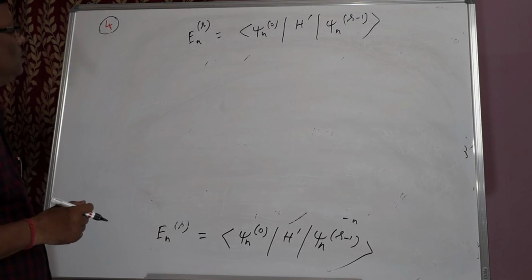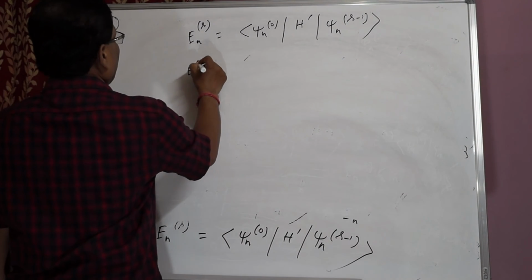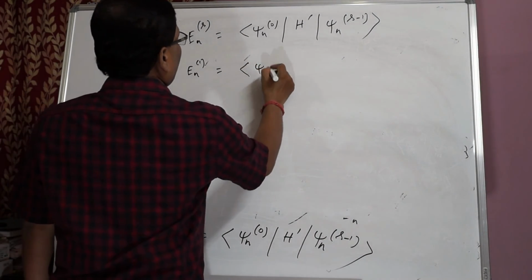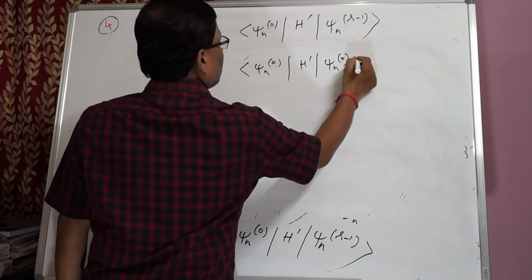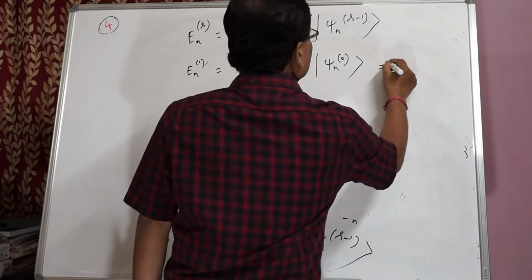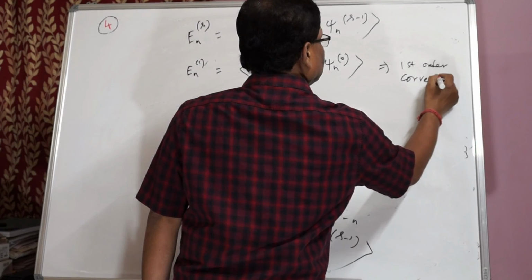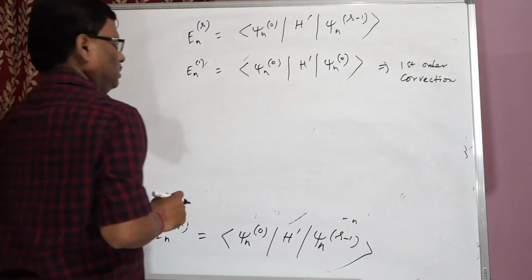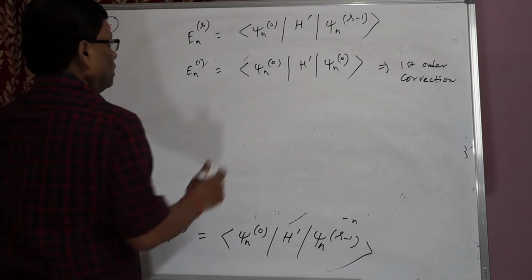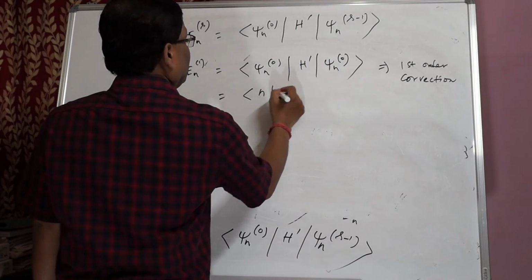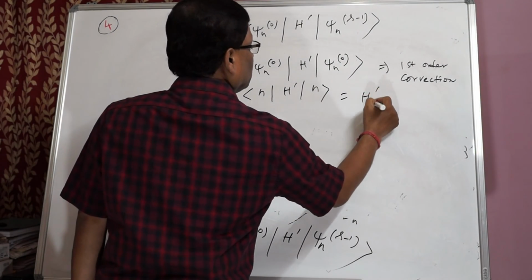If s equals 1, then we get the first order correction. So this gives the first order correction to the nth energy level. If we write s equal to 2, then it gives the second order correction, and so on. So I can write this as H prime nn.